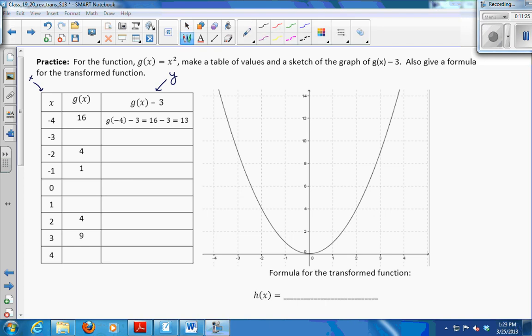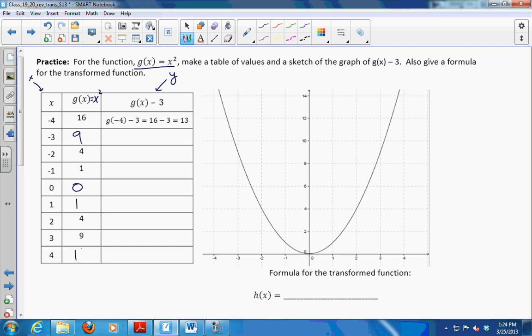First I'm going to fill in the rest of the values for g of x. So g of x equals x squared, right? That was given up here. To find values of y, I just square the values of x. So that's how I get the 16. Negative 4 squared is 16. Negative 3 squared is 9. 0, 1, 16. And then I want to do g of x minus 3.